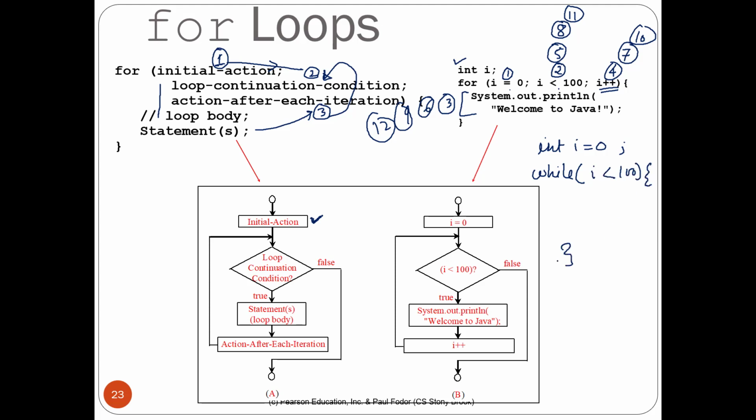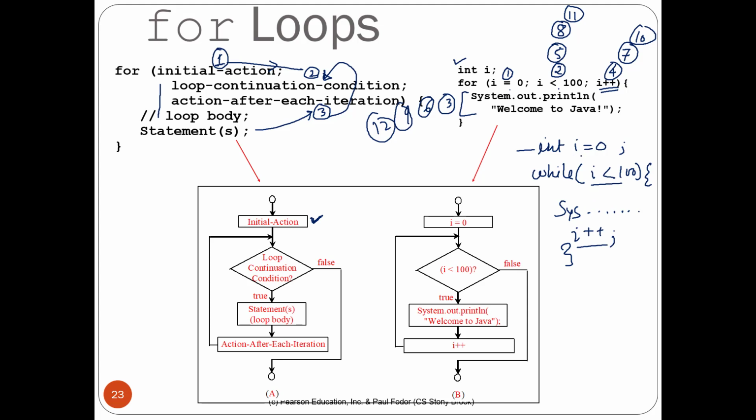Then this System.out, I'm not writing that complete statement; you can figure out it's the same thing. And then I will do i plus plus. So the first statement, which is initialization, the second, which is condition checking, and this statement, which is incrementation, in a while loop happen at different places. This line here, then this line here, and this line here.